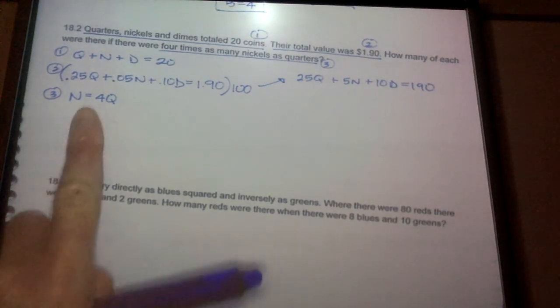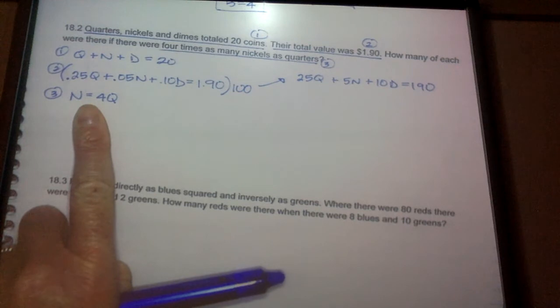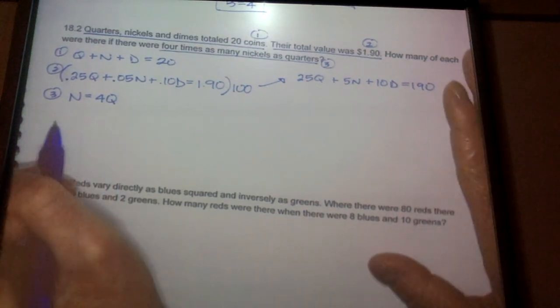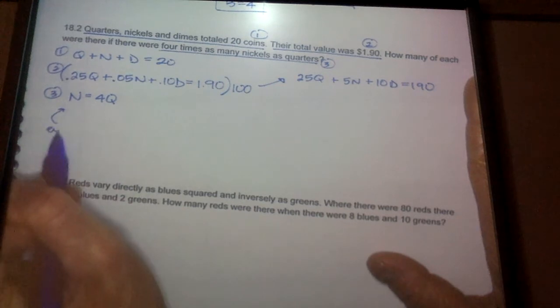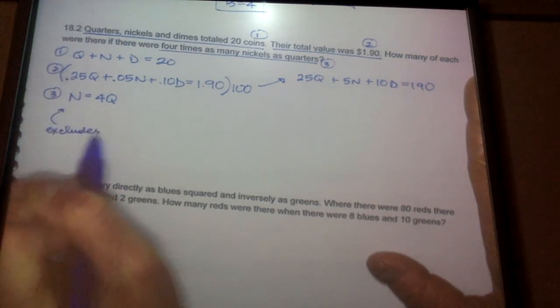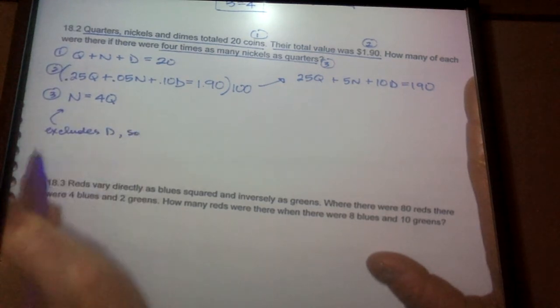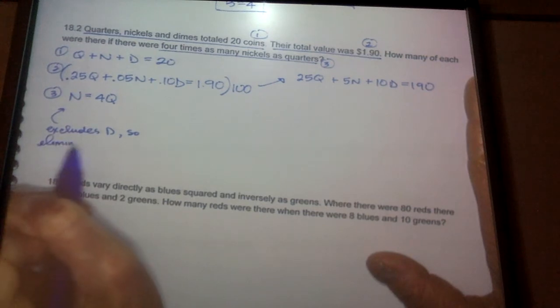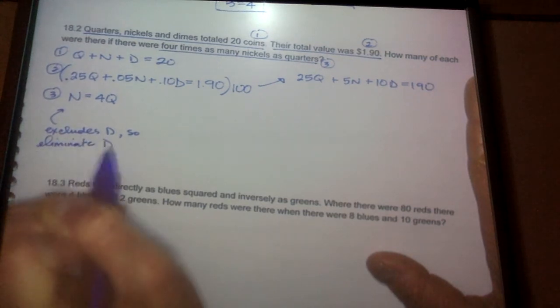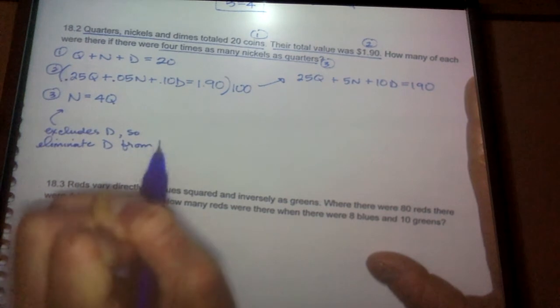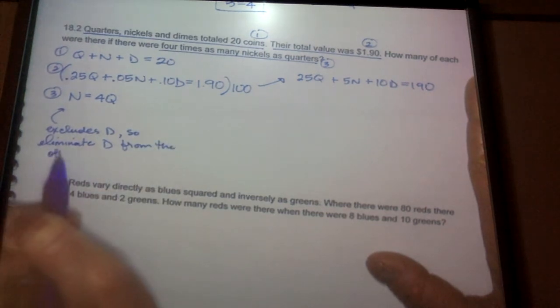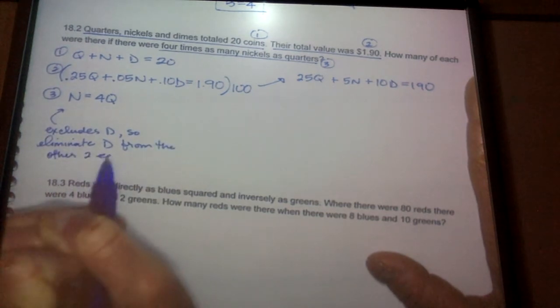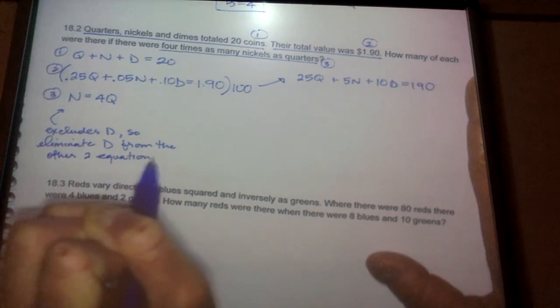Now, because this bottom equation only involves Q and N, I want to eliminate D. Notice this one excludes dimes, so I eliminate D from the other two equations, and I'm going to do that using elimination.